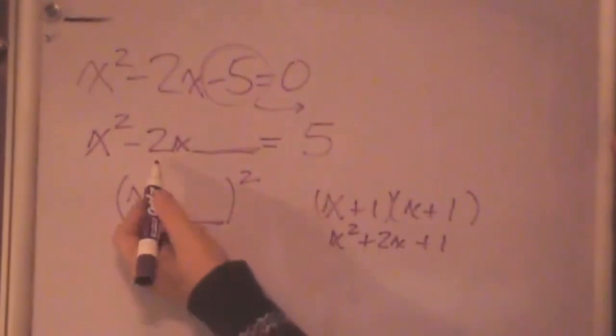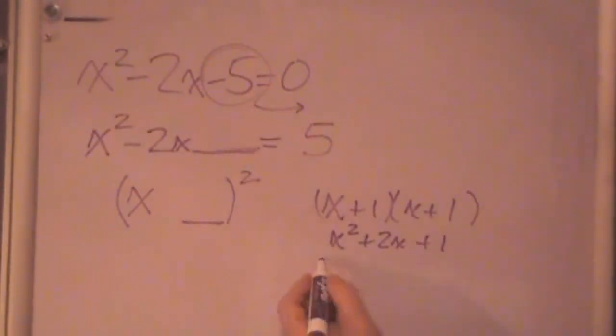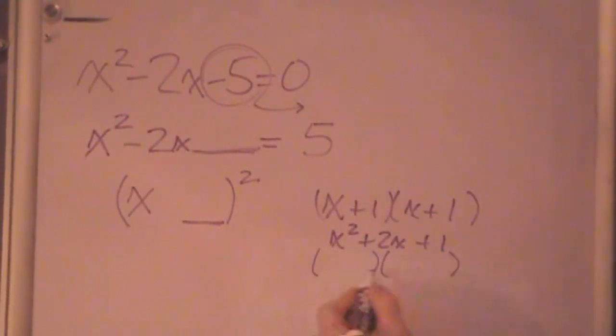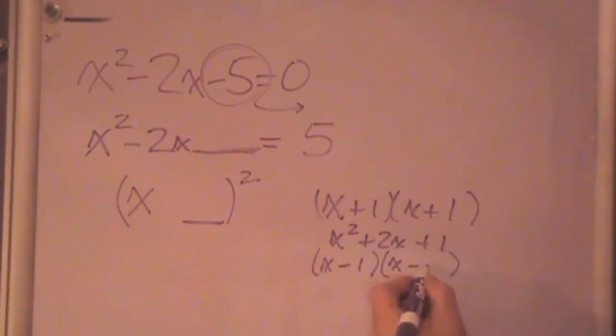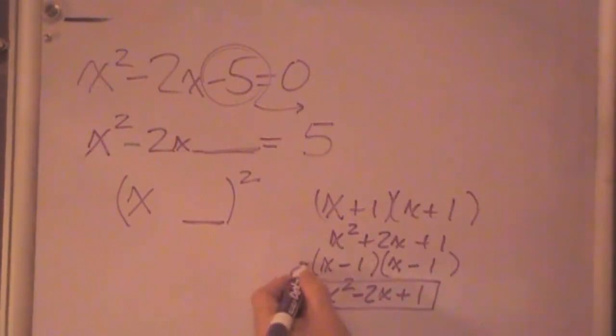Well, that's not exactly what I want. I want minus 2x. Well, the only way to get a minus 2x for my middle term is x minus 1 times x minus 1. Then I get x squared minus 2x plus 1. Right? So this is what I really want to be able to factor it into the perfect square.